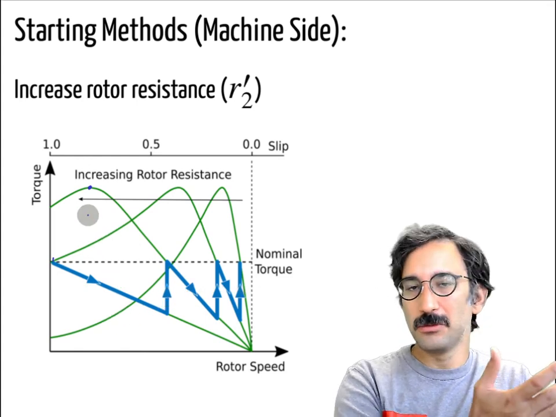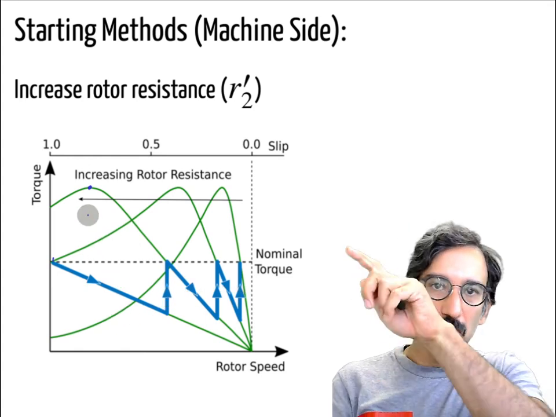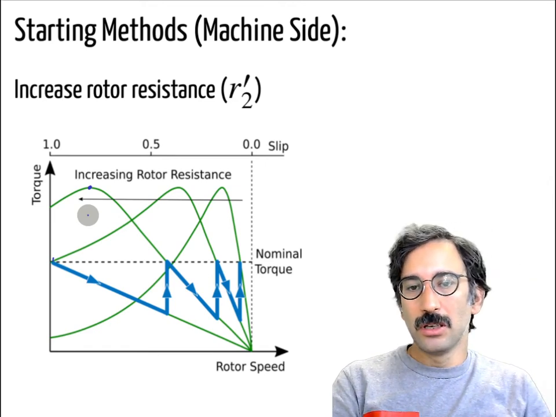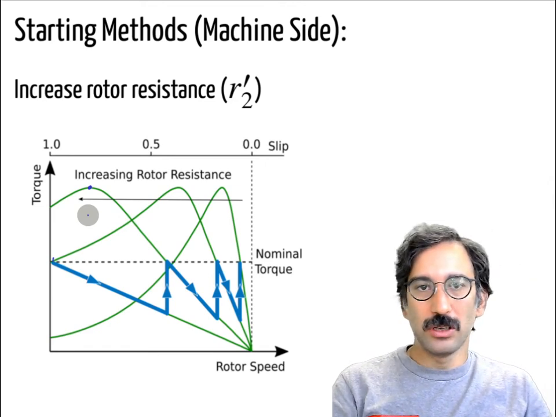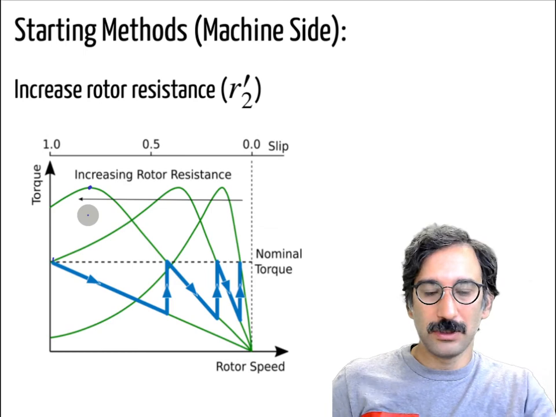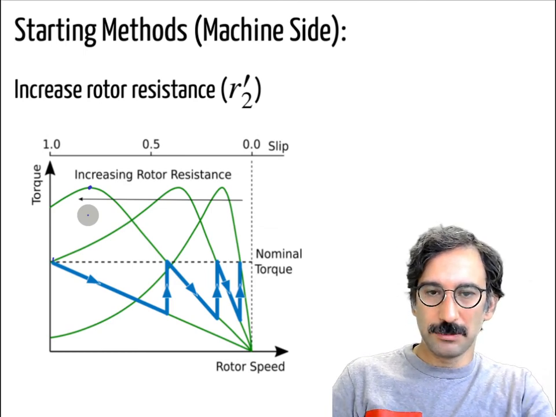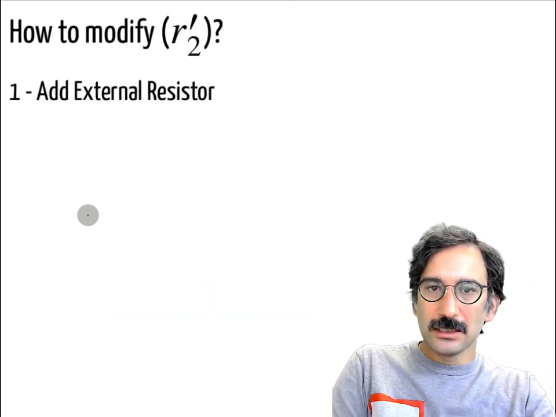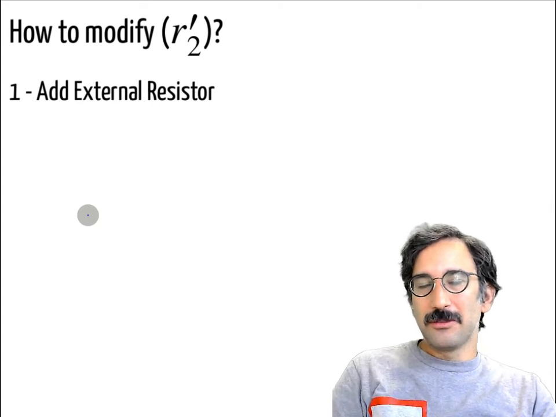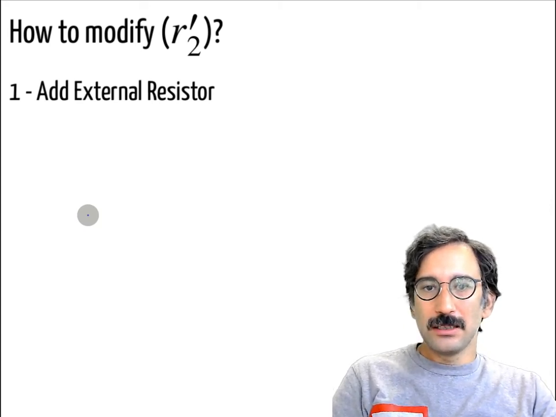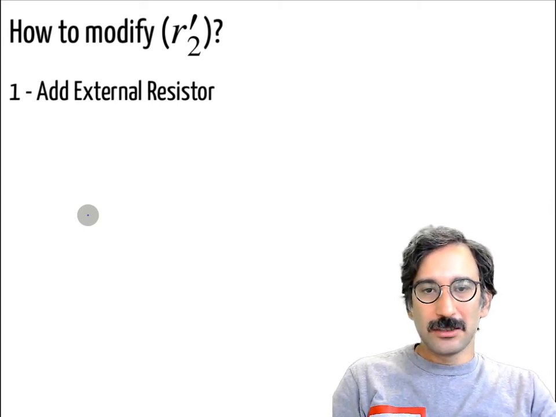Again, it doesn't have to be in discrete steps like that. You can actually control that maximum torque point to correspond with the actual rotor speed. So maybe the first thing that comes to your mind is, okay, we can add an external resistance.